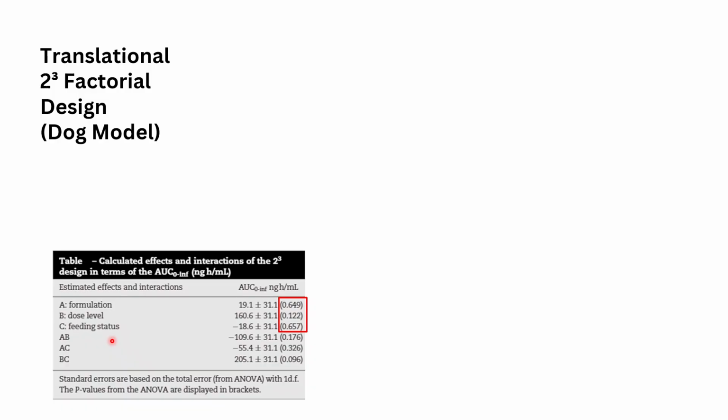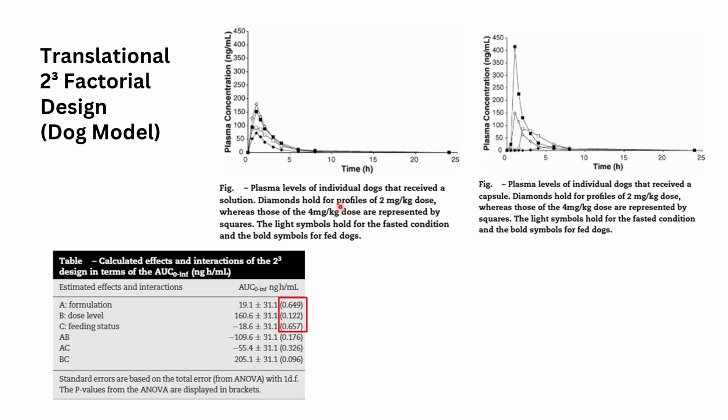Both micronized drug in capsules, that is the solid dosage form, and surfactant solution, that is the liquid dosage form, were tested under fasted and fed conditions at 2 different dose levels. And here these figures are showing plasma concentration time profiles from dogs for the surfactant solutions and for the capsule administration.